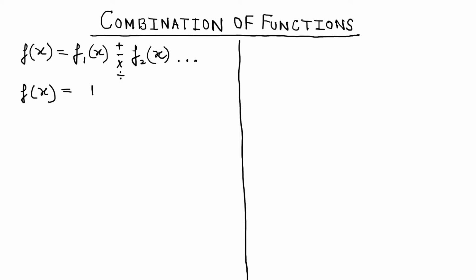So let us say I take two combinations as 1 multiplied with 1/x, or I could have taken a combination as x into 1/x, or I could have taken a combination as (1 + x) into 1/x, or I could have taken a combination as (1 + x²) into square root of x.